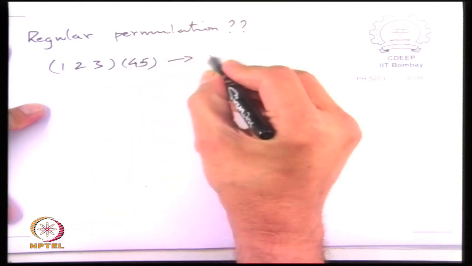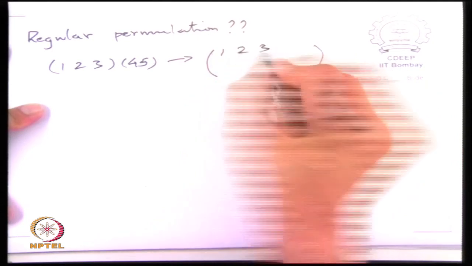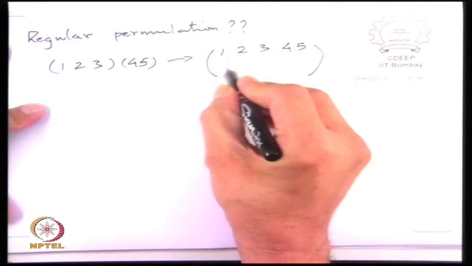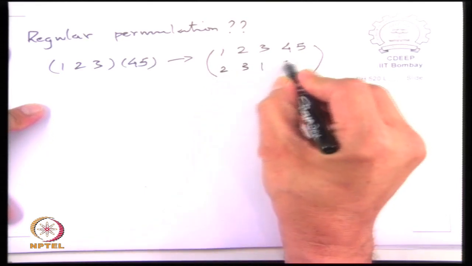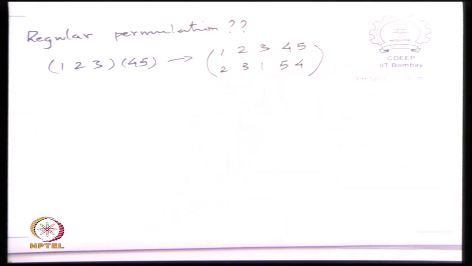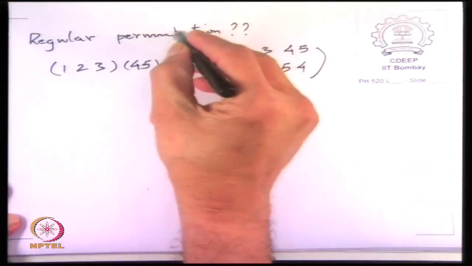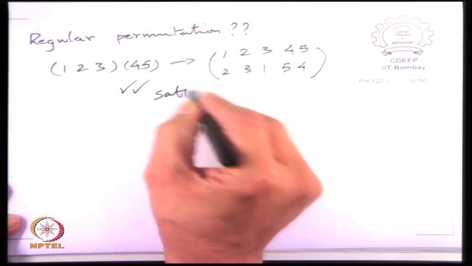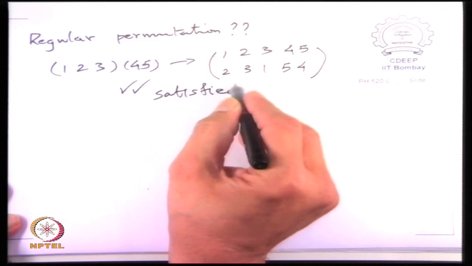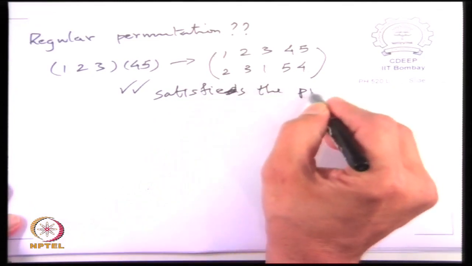In the usual notation, we will write it out as 1, 2, 3, 4, 5, and it will become, because 1 goes to 2, 2 goes to 3, 3 goes to 1 and 5, 4. So yeah, I don't think there is anything wrong with this, it satisfies the criteria. Satisfies the proposed property, okay.